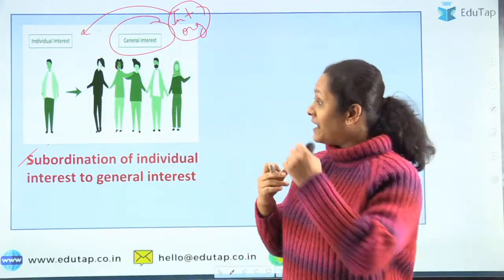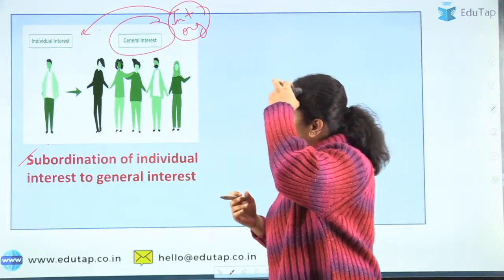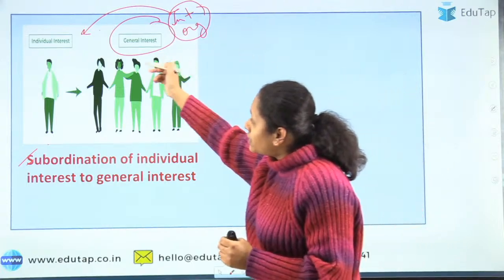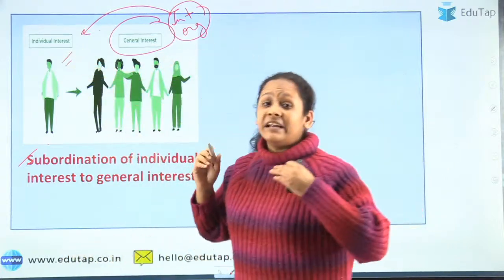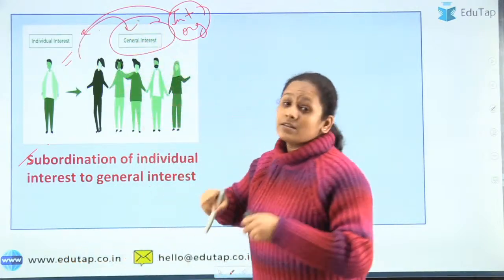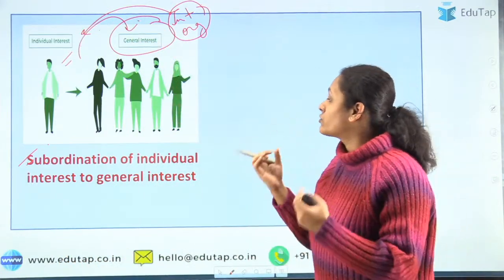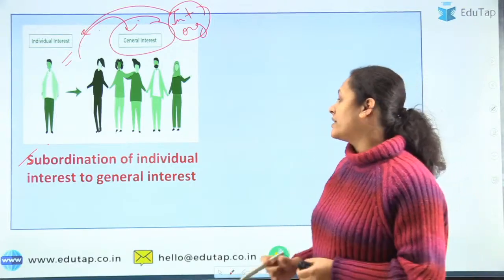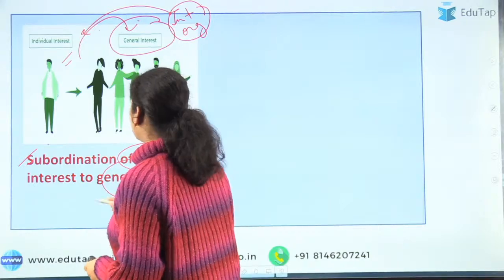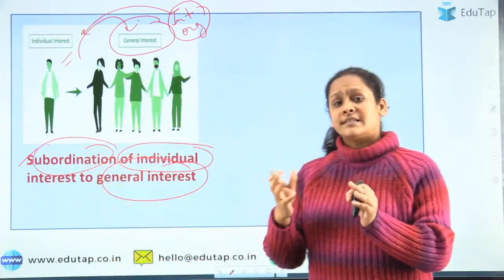So what would a manager do? He has to guide, motivate and mentor these individuals so that their individual goals align with the interests of the organization as a whole. That is what Henry Fayol also said, that individual interest is subordinate to the general interest.